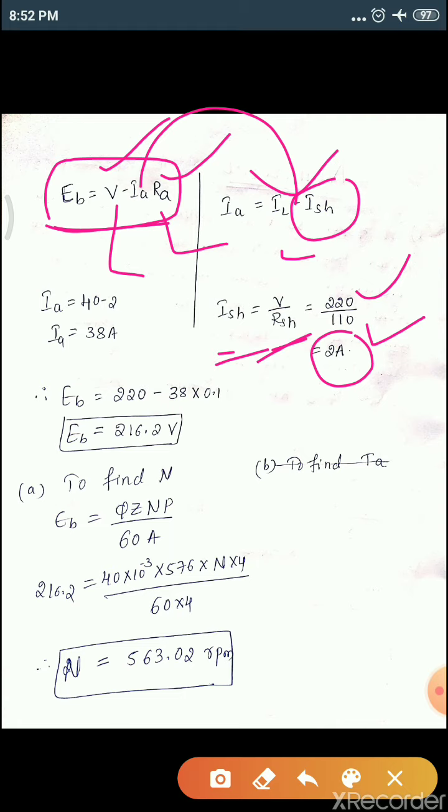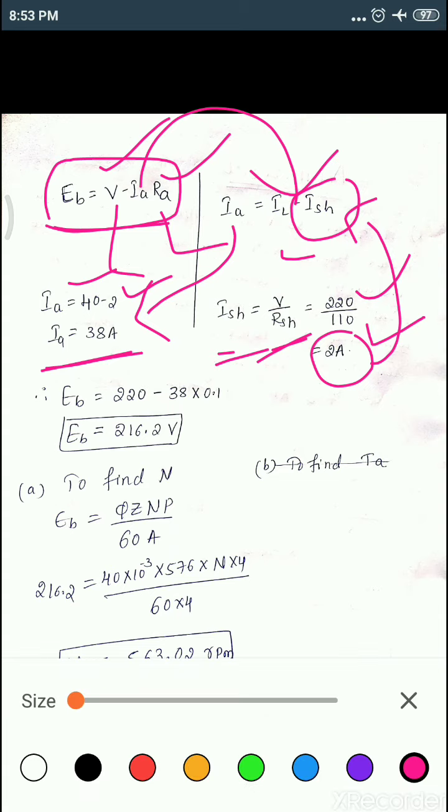Then substitute this 2 ampere here: IL minus ISH. IL is 40 ampere minus 2 ampere, so IA is 38 ampere. Once we know this current, IA equal to 38, substitute it here. We know RA also.